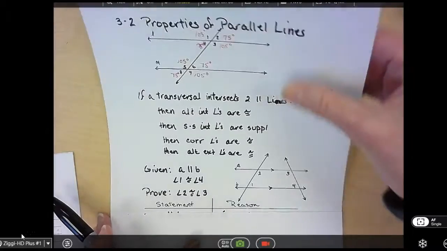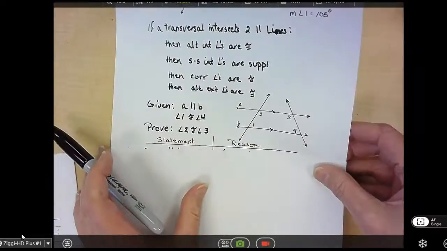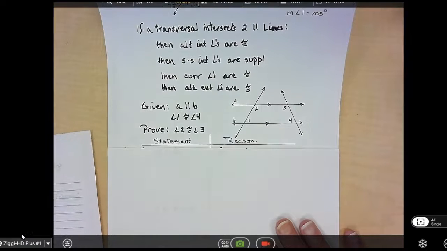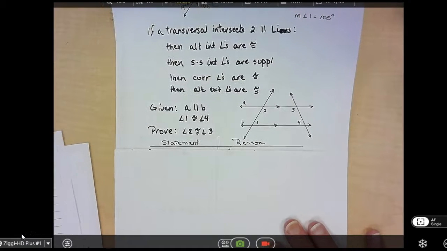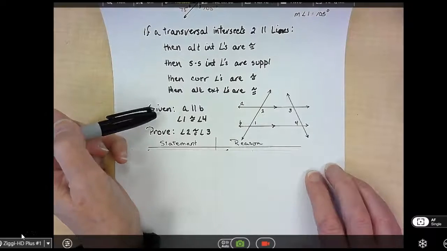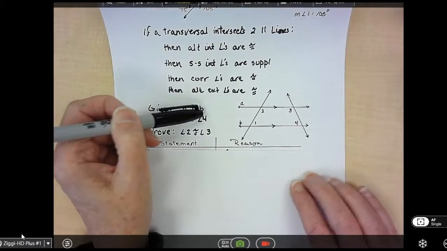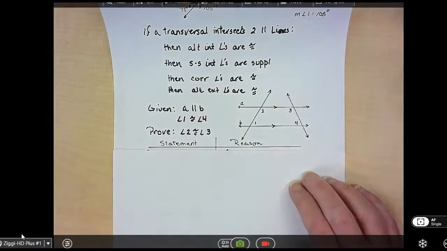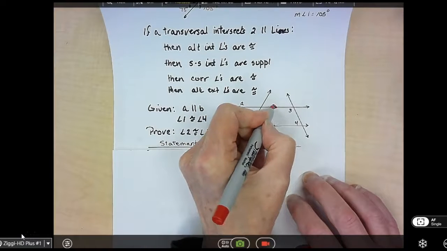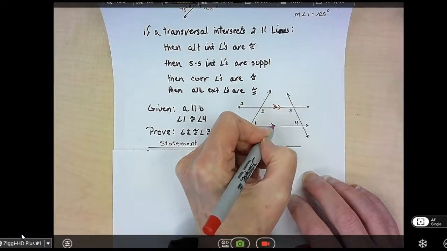All right, so if we have a proof, the proof is going to use some of these theorems. And in the proof, we are given line A is parallel to B. So we mark line A is parallel to B by putting little arrows on it.